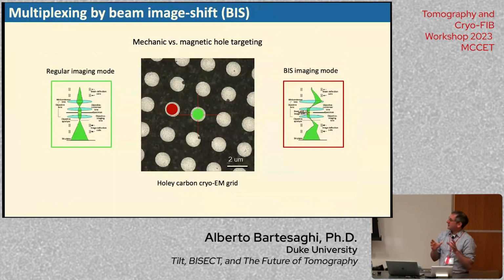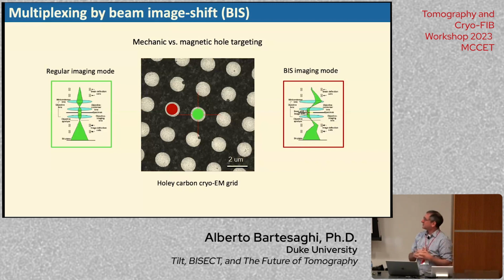Now, the way we managed to accelerate data collection without sacrificing resolution was by using this beam image shift strategy, which we use routinely in single particle cryo-EM, where you leave the stage, you don't change the stage, but you just tilt the beam, and that way you can image multiple locations within a certain area without introducing any mechanical movements of the stage, and that includes translation and also tilting.